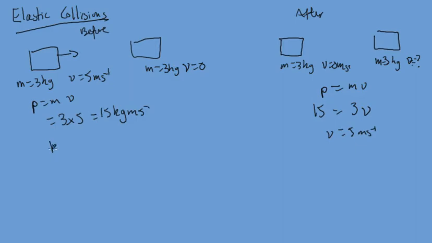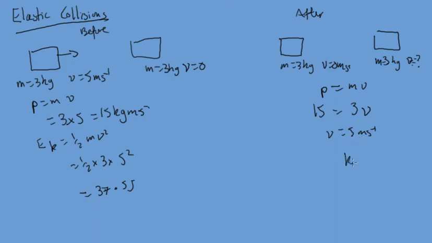So the kinetic energy of this system, half mv squared, half times 3 times 5 squared, is going to give us 37.5 joules, and this has got zero kinetic energy.